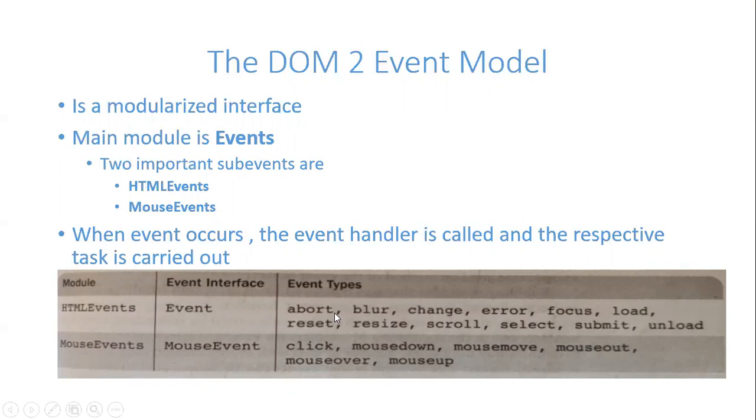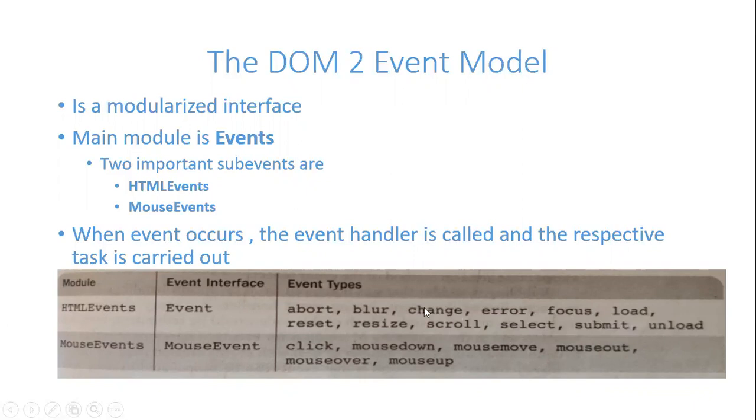When a particular HTML file execution is aborted, when a particular control is blurred, when the position or situation of the control changes, there is an error in a particular file, a focus on a particular control changes, when a particular HTML file is loaded or reset or resized or scrolled through, or a particular control is selected, when the submit button is clicked, when the form is unloaded.